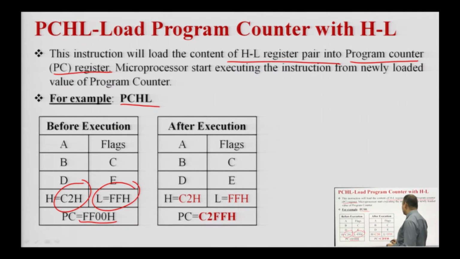So, the program counter will have the value C2FFH. The program counter is loaded with the new value from the HL register pair, C2FF, and the processor will start executing the program from this memory location.